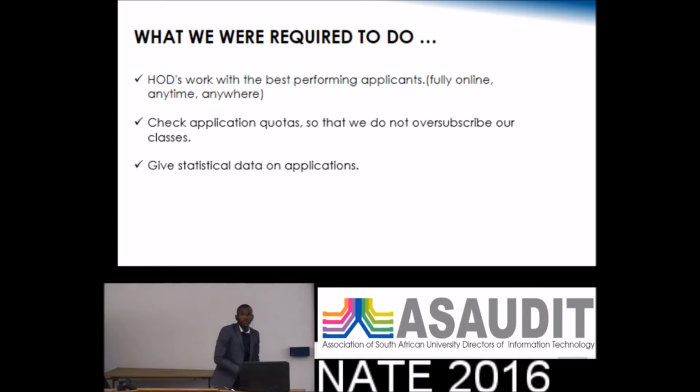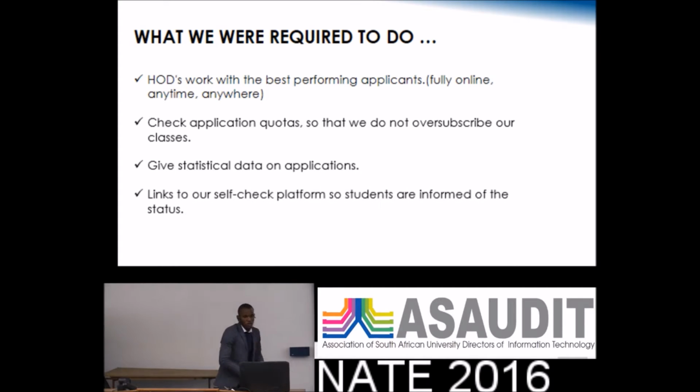This is one of the things which we didn't really have as such. And link to our self-check platform so that students can stay informed. Instead of notifying each and every student, they can go to our self-check platform and check if they were admitted or not. And this also enables them to track their applications throughout the whole process.